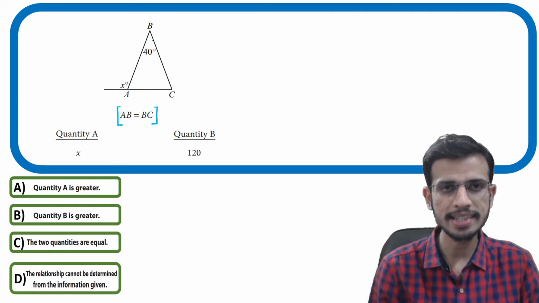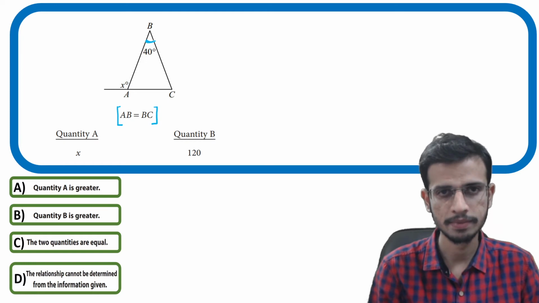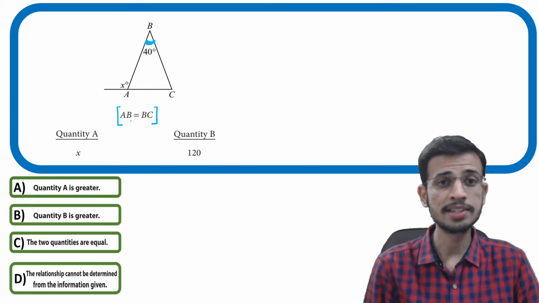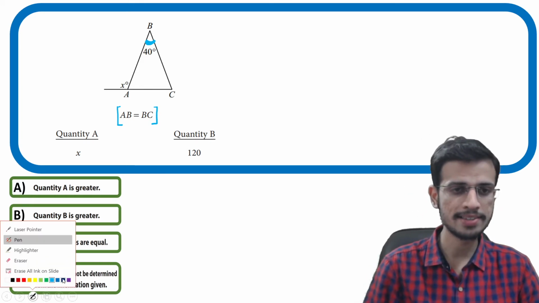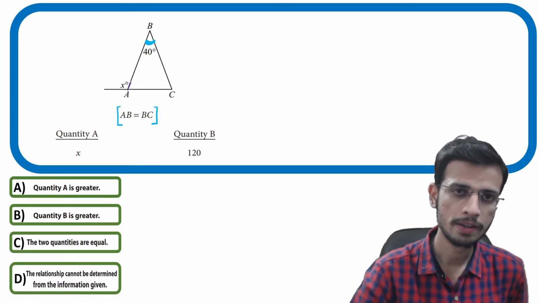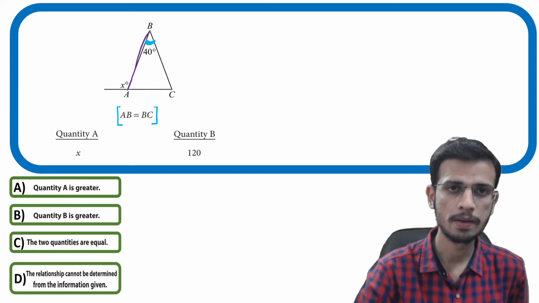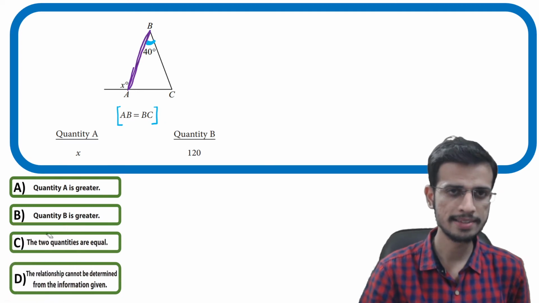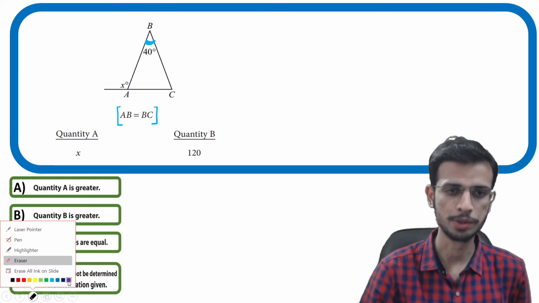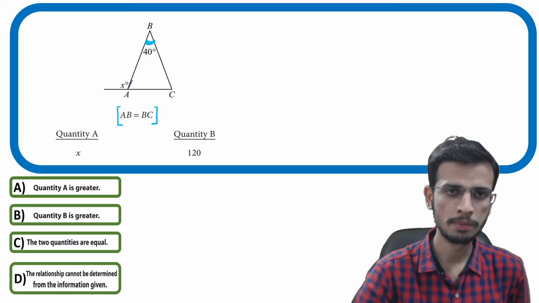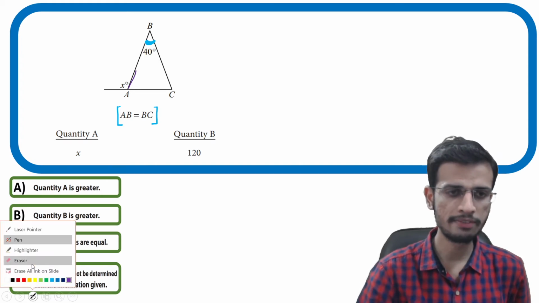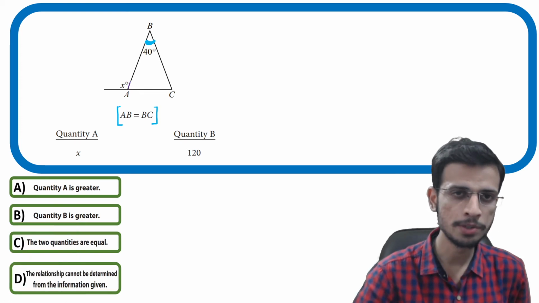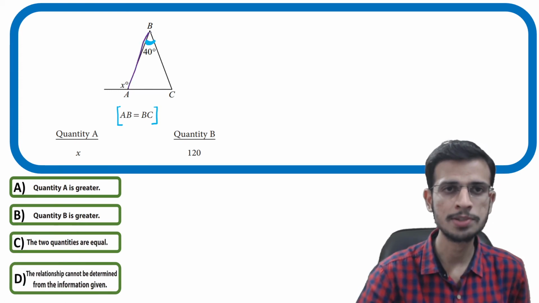In triangle ABC, this angle B is 40 degrees. AB is equal to BC. These both side lengths are equal in magnitude. So from the property of triangles, we know that if any triangle has two equal sides, then the angles opposite to those sides will also be equal.